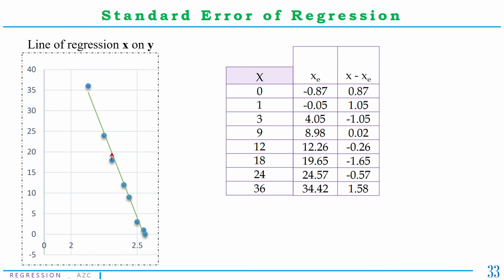In the regression line, x minus xe gives the difference between the observed value and estimated value of x. Here, the observed value of x is 18, and its estimated value is 19.65. The difference is minus 1.65. You can see positive differences of observed values lie above the regression line.